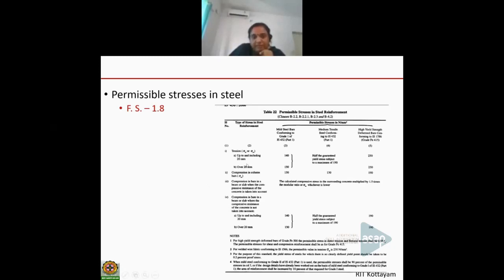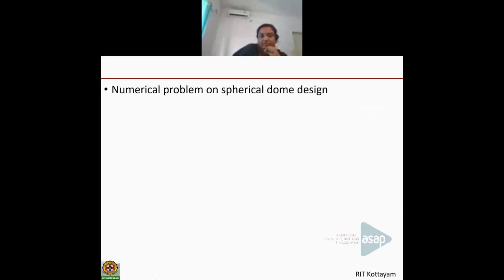For example, for mild steel, Fy is 250, so 250 divided by 1.8 gives an approximate value of 140. Like that, for HYSD bars it is also specified: 415 or 500 divided by 1.8, whatever it is. That's all about the permissible stresses.